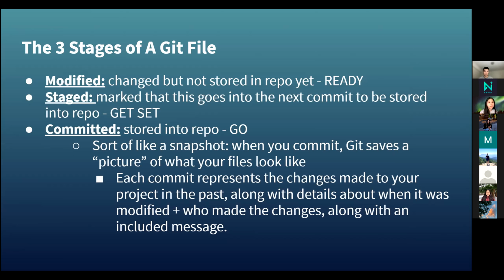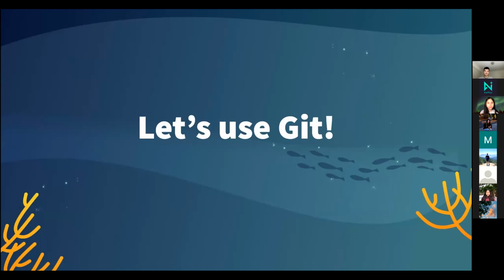When you do that, Git saves a kind of snapshot of what your files look like, and every commit represents the changes that you have made in the past. You can also add details about what has been modified and who made the changes, along with a message to give yourself more information about what exactly you did in that last change.